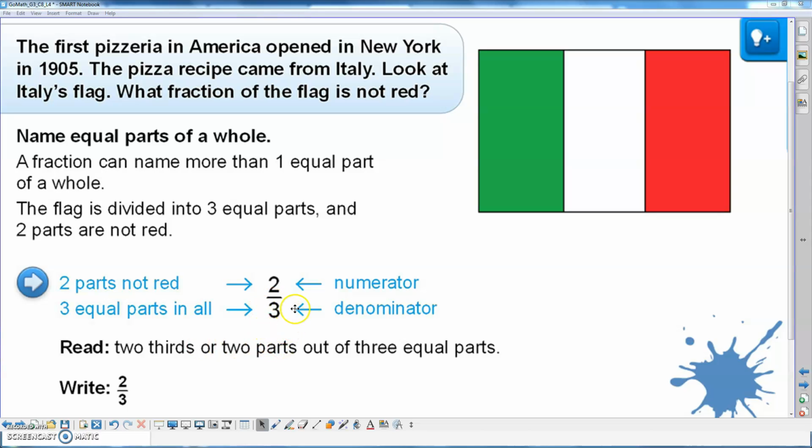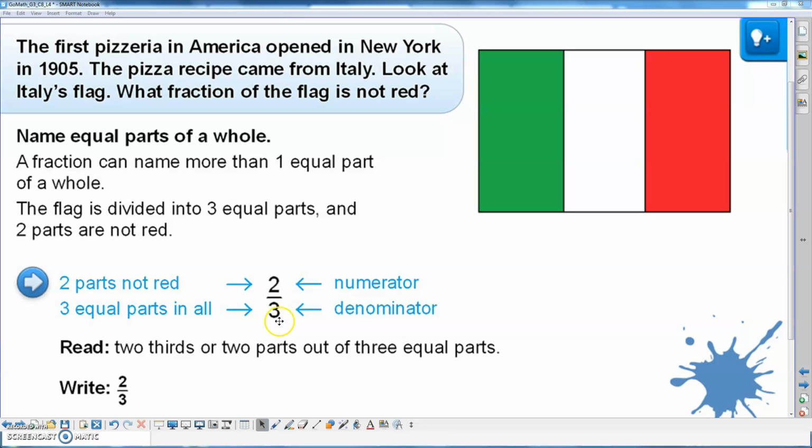So that bottom number is going to be a 3. And that number is called our denominator. The bottom number is called the denominator and tells us how many parts there are in the whole. The top number is called the numerator, and that's the number of equal parts that we're talking about.